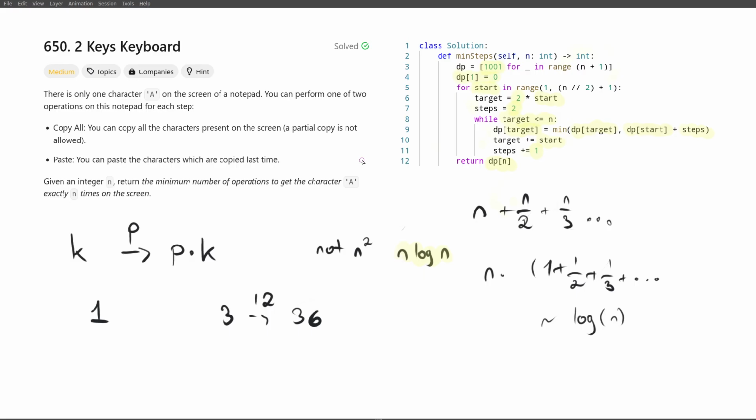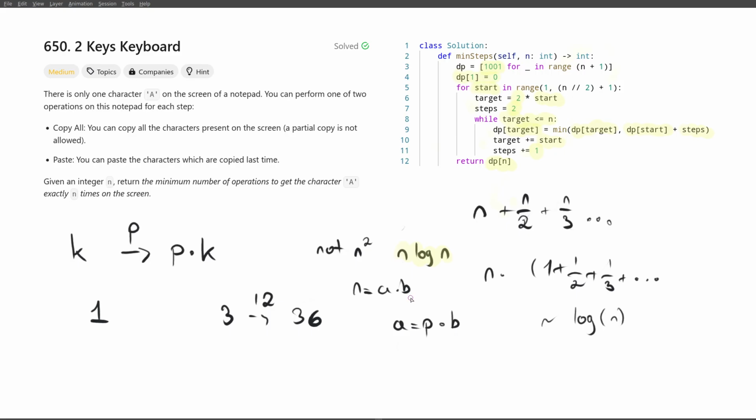That's because in general, if we have n and n is equal to some a times b, then we can generate it with the number of steps necessary to generate a plus the number of steps necessary to generate b, because we can generate a normally and now treat a as a single block and do the same thing as we would to generate b, starting with only a single letter.